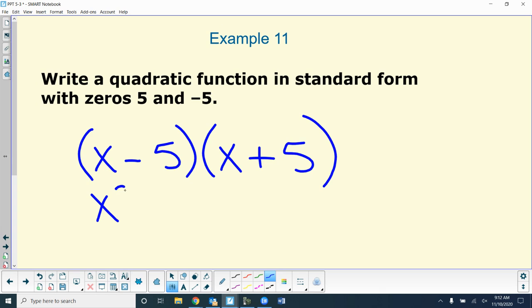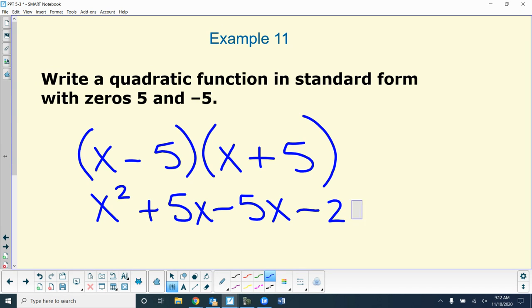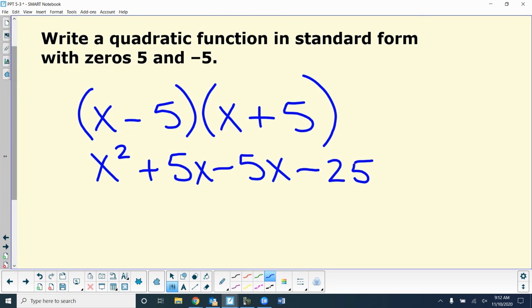First, outside, inside, last. What happens in the middle? They cancel each other out. Right. So it's one of those difference of squares problems. That's pretty easy, isn't it? Going backward? Can you leave it like that? Yeah, you just leave it like that.